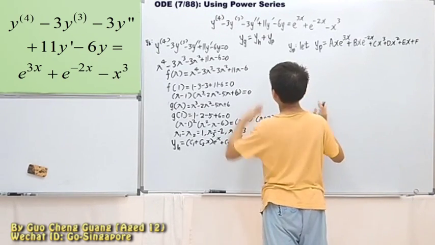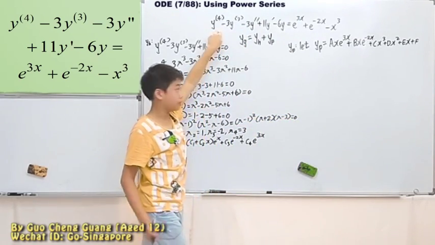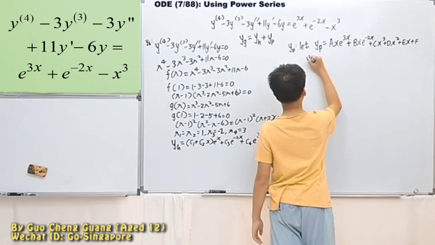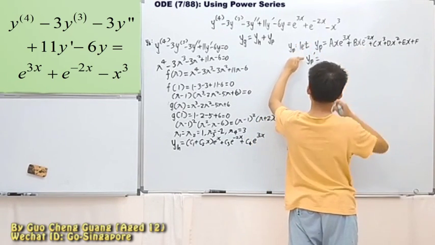Then next, we'll need to find all the way up to the fourth derivative. Let's go step by step.